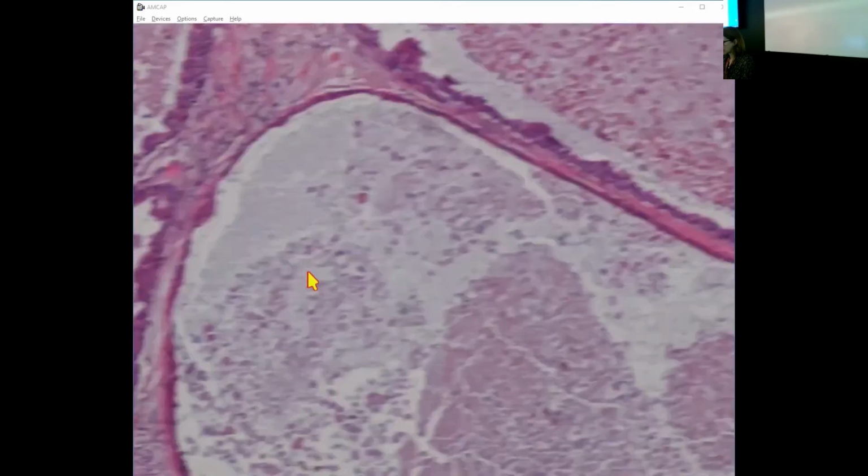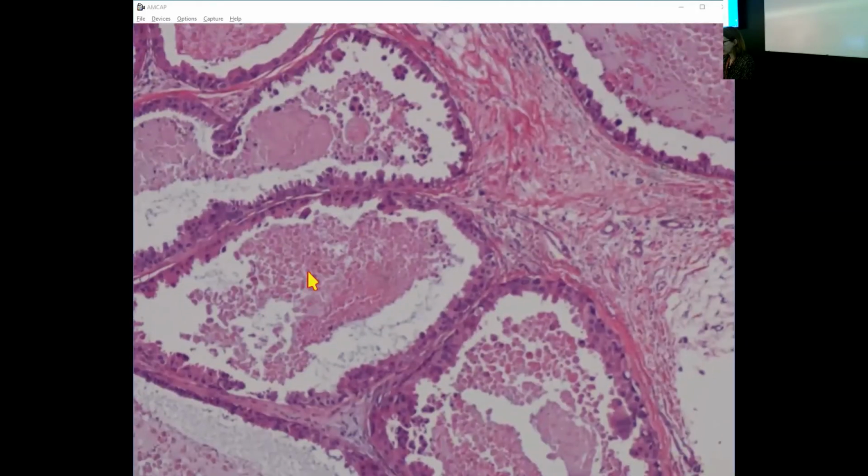But just a nice illustration of clinging carcinoma, which I don't think we see that commonly, honestly.